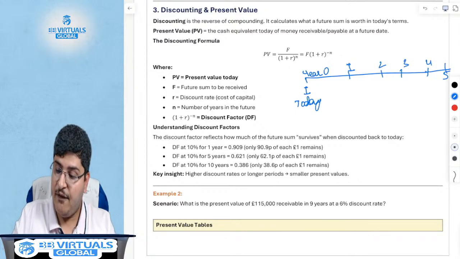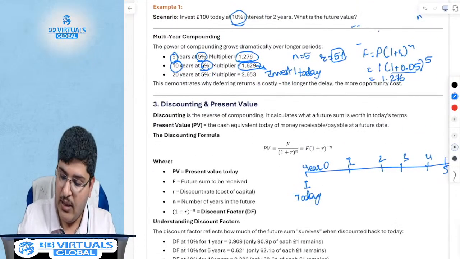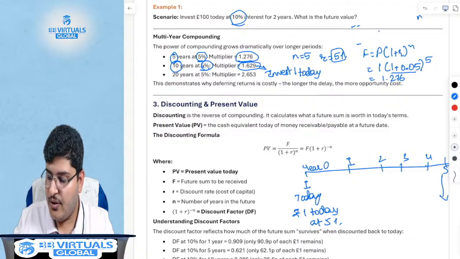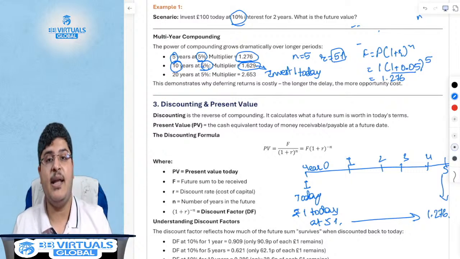Correct? In the 5th year, in the previous example that we discussed, if you were to invest rupee 1 today at 5%, in the 5th year, you will be at 1.276 rupees, which means the money is getting compounded.